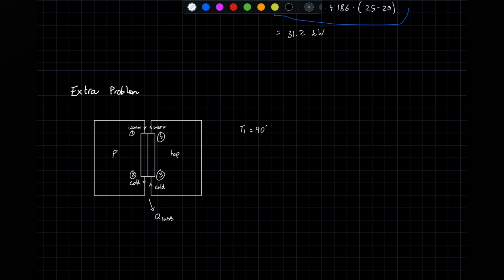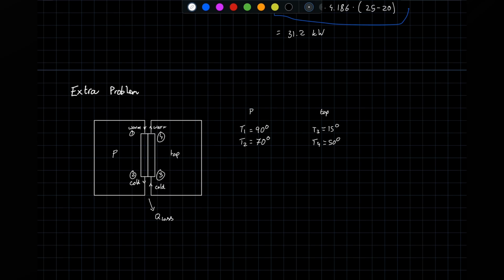T1 was 90 degrees, T2 is 70 degrees, T3 is 15 degrees, and T4 is 50 degrees. So basically in your primary loop, you've got water coming in hot and leaving a bit colder, and in your secondary tap water loop, you've got cold water coming in and leaving hot.